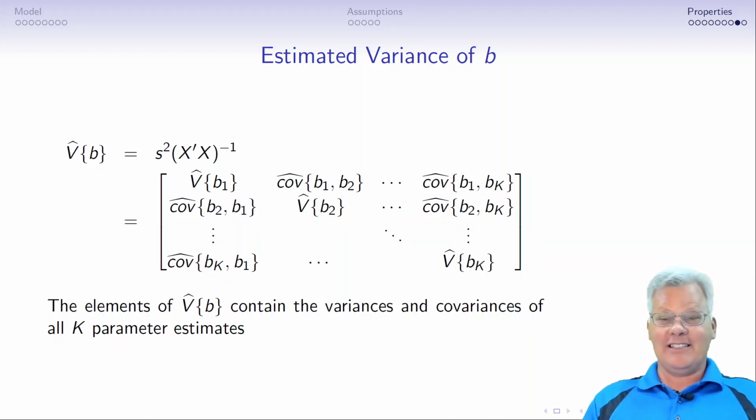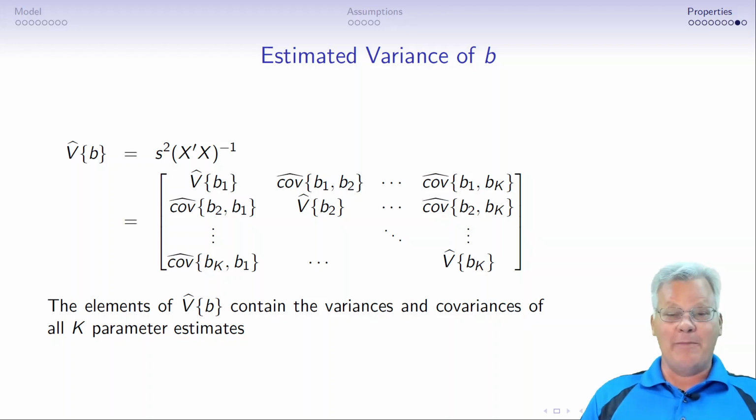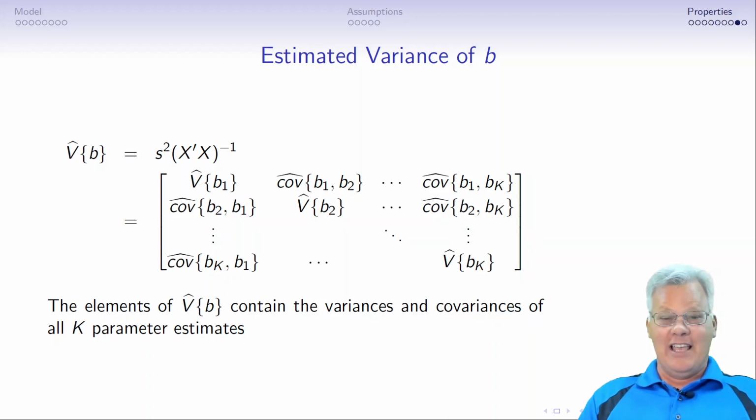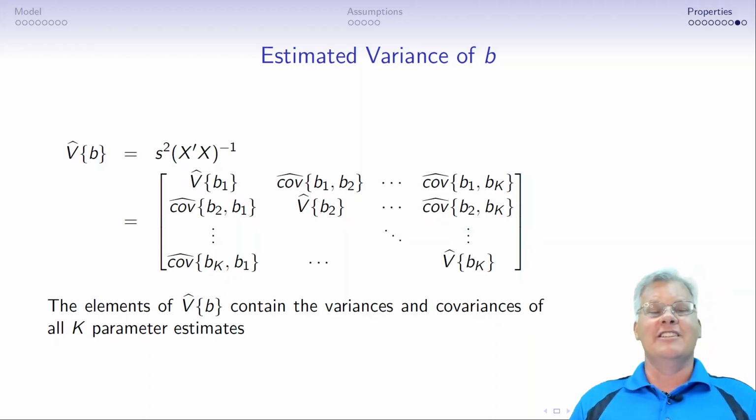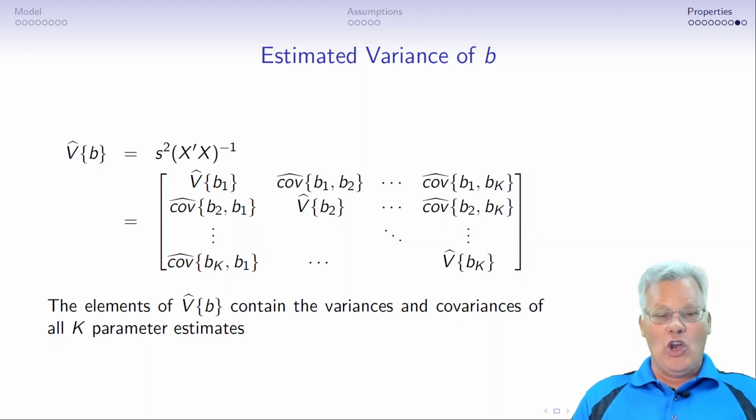And we get this variance covariance matrix. The diagonal elements represent the variance of each of the individual OLS parameters. The off-diagonal elements represent the covariances between the OLS slopes and the intercept.